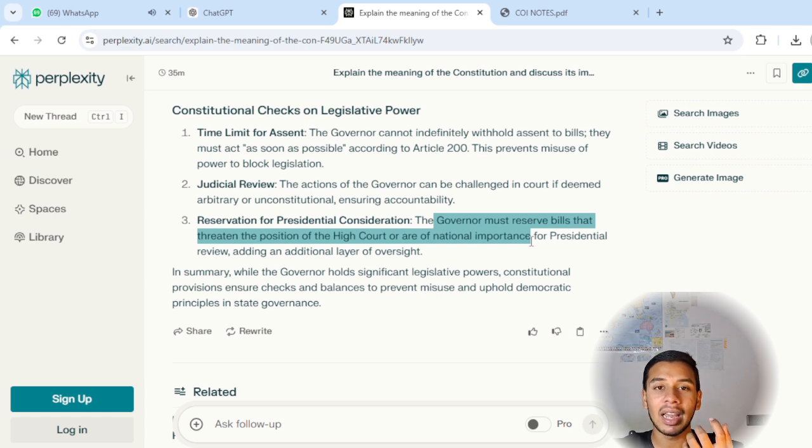The governor can take into consideration the CM or any other big leaders, and should be able to reserve bills that threaten the position of the High Court or are of national importance for presidential review, adding an additional layer of oversight.